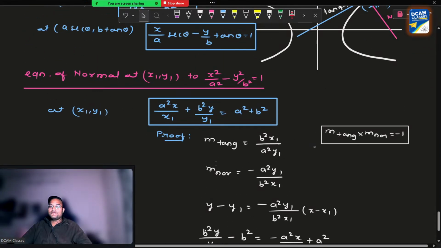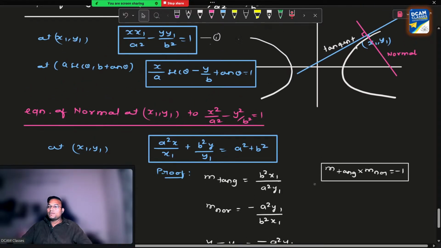Actually, finding out the normal is the general, basic method. First, you have to find out the slope of the tangent. I have found it using this equation, but otherwise, I would have differentiated this equation to find dy by dx, and then put x as x1, y as y1, because dy by dx at x1, y1 gives me the slope of the tangent.